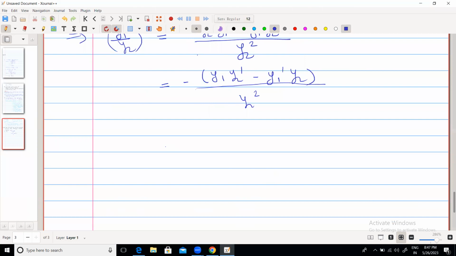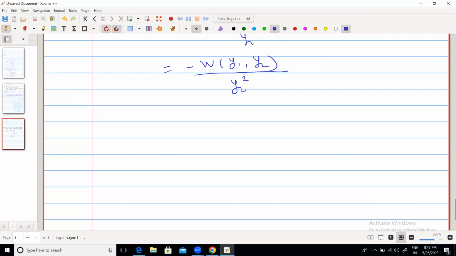Okay, minus Wronskian of y1 comma y2 divided by y2 square. Okay, so now the derivative of y1 divided by y2, its sign depends on the sign of Wronskian of y1 and y2, right.